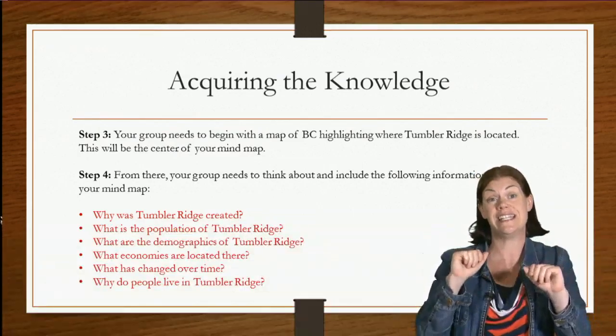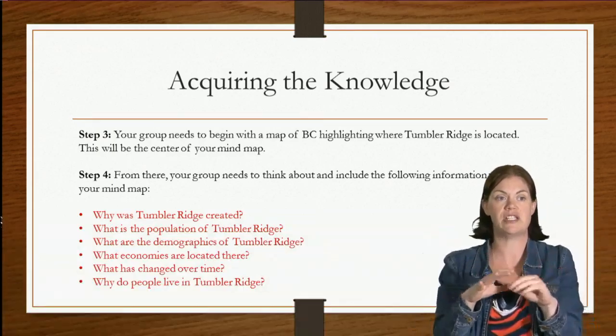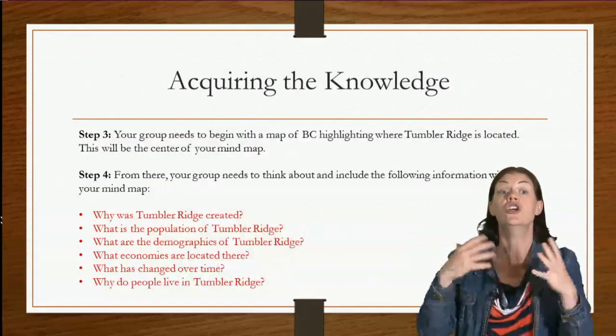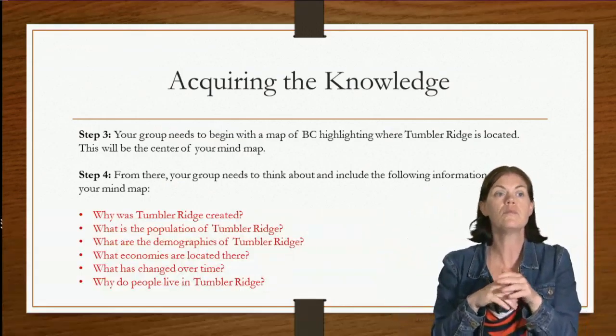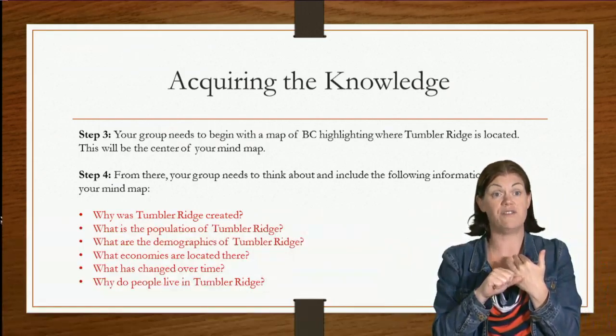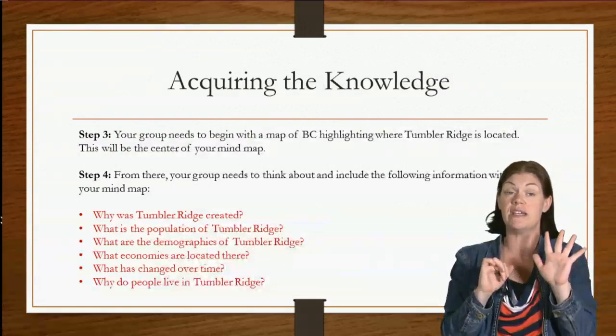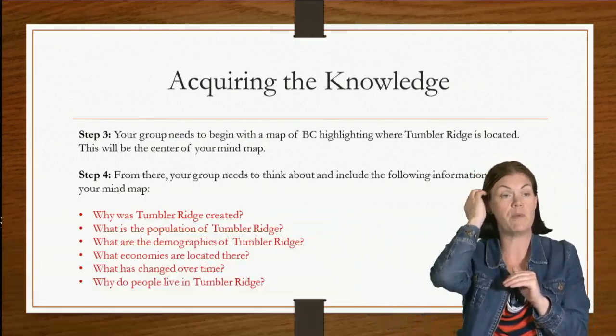And like I said, I did include a definition within the assignment so that you can go back to refer to what demographics is and include all that information. And again, demographics changes over time, right? If you're looking at the past, present, and future, the demographics of Tumbler Ridge has probably changed over time, so be aware of that.